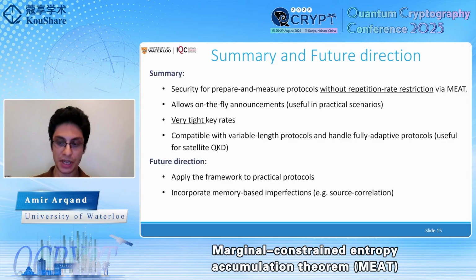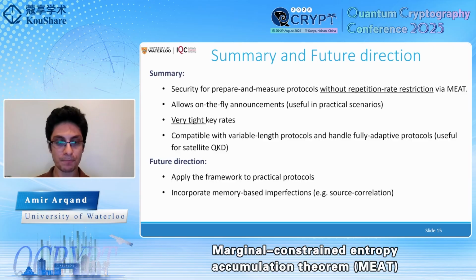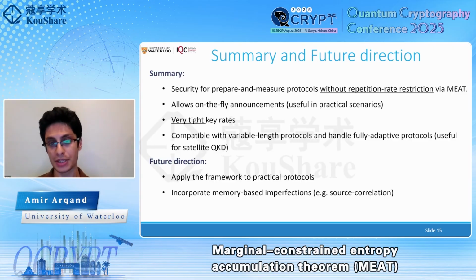And another interesting theoretical problem here would be to incorporate memory-based imperfections. So if you have attended Lars' talk, you might have heard that the meet framework already incorporates imperfections that are memoryless, but to be able to analyze, for example, the source correlation problem within this framework, we need to somehow generalize the framework a little bit so that it can handle some form of memory.